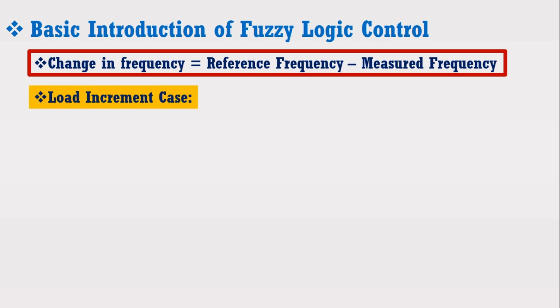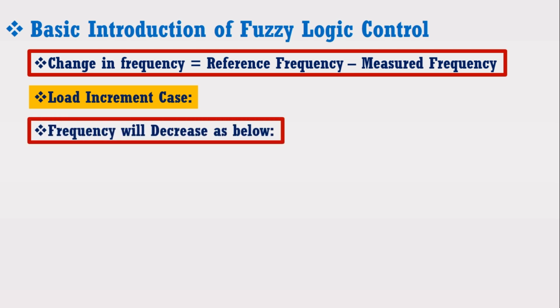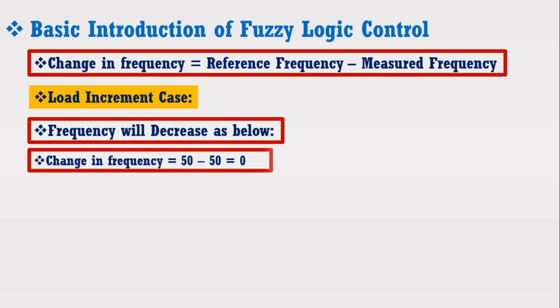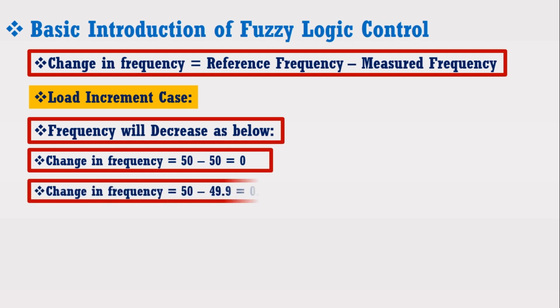Let's consider the case of load increment. When generation and load demand are equal, the system frequency will be stable at 50 Hz. Therefore, change in frequency in the normal state is 0. Now suppose due to an increase in load, the system measured frequency reduces to 49.9 Hz.